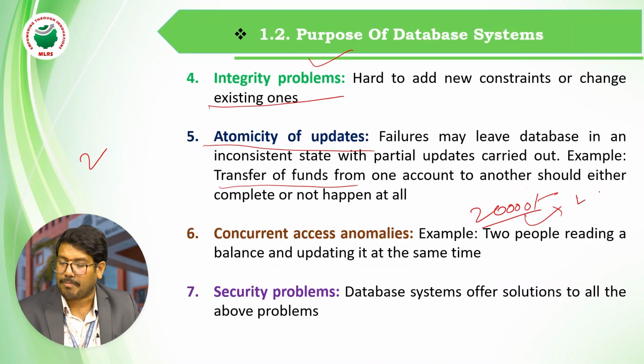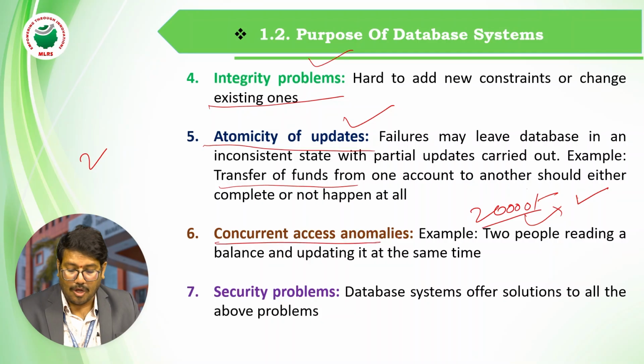Either the amount is transferred if everything succeeds, or it is not transferred and stays in your own account. But there is no chance that half of the amount is transferred and the rest remains in your account, or that 70% is transferred. There is no such thing. This comes under atomicity of updates. If you make any update, it has to be either 100% success or 0 success. There are no intermediate successes. So to maintain such atomicity of updates, we need a database.